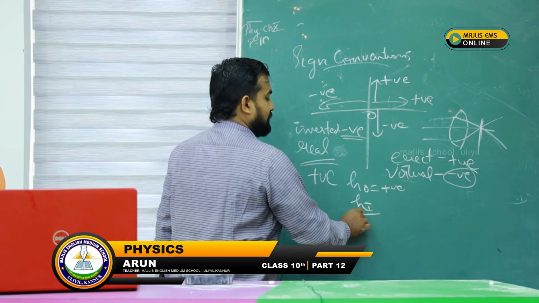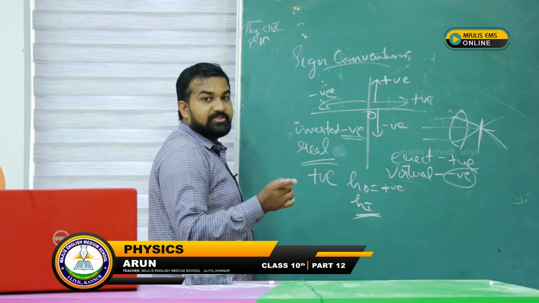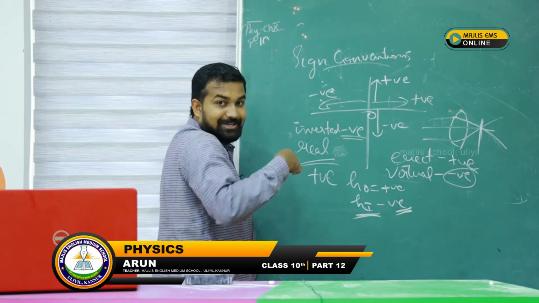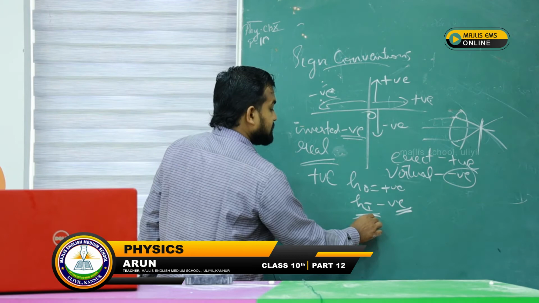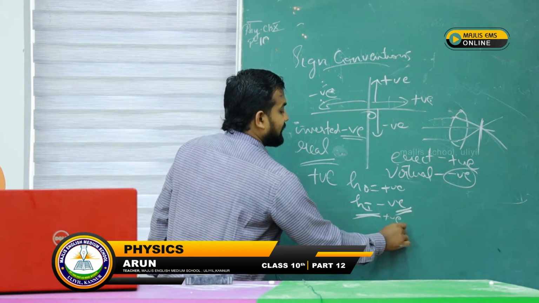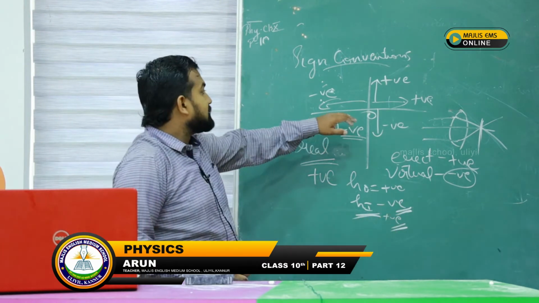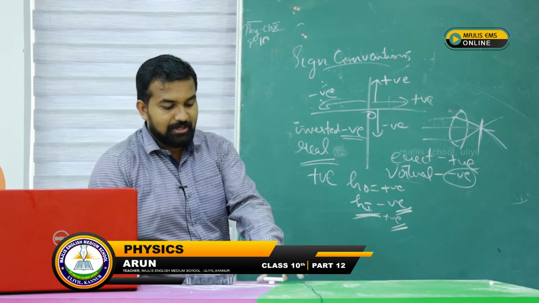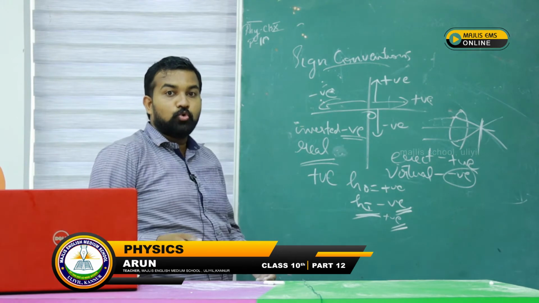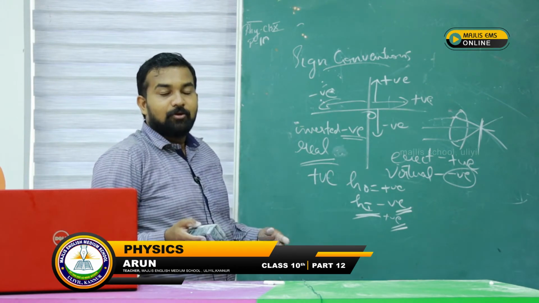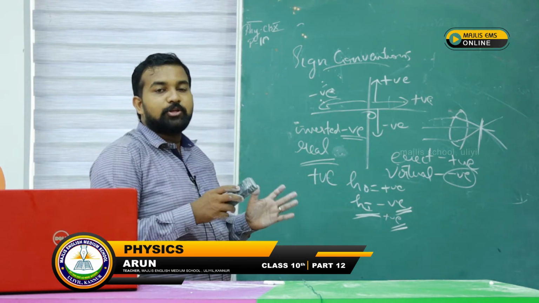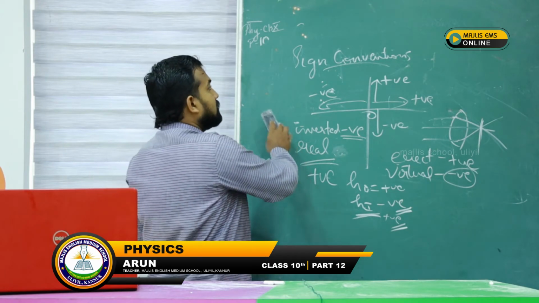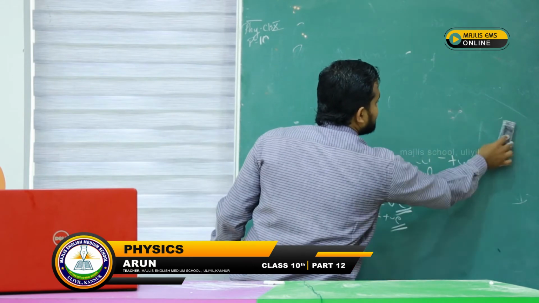The height of the image is negative for real images because they are inverted, and positive for virtual images because they are erect. So these are the sign conventions we use when we do the numerical problems. We will be solving a lot of problems in this chapter. So you have to understand these things.